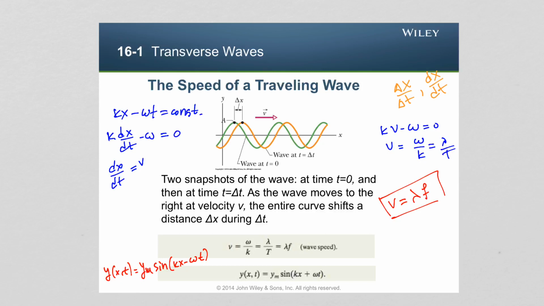What if the wave was propagating in negative x direction, in the opposite direction? Well, if that were the case, then I would have to change the sign in the phase right here. And so this waveform describes a wave that propagates in negative x direction.